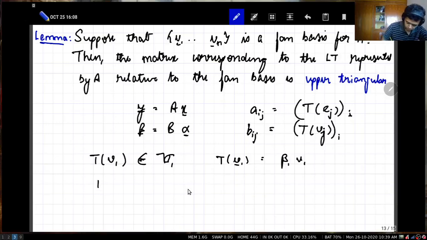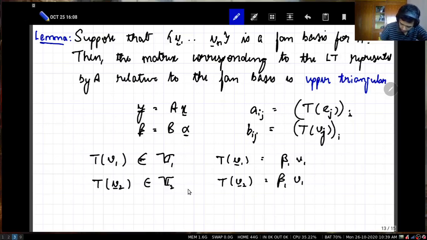And if you look at T of v2, then this is going to lie in V2. So T of v2 is going to be beta 1 2 times v1 plus beta 2 2 times v2.